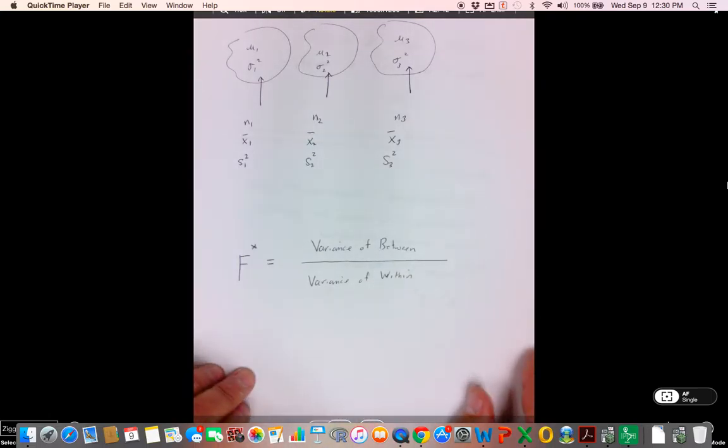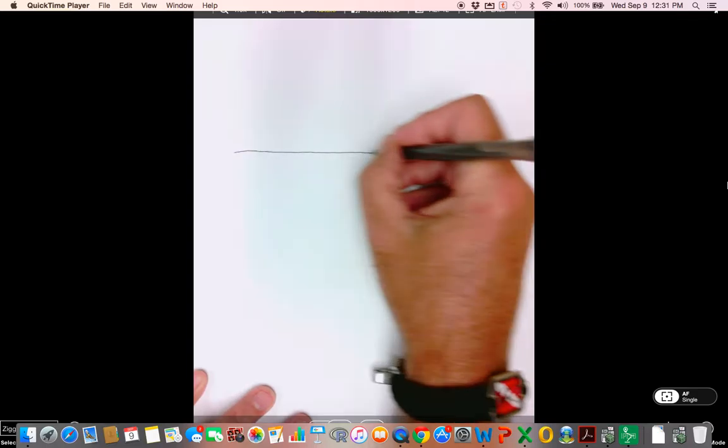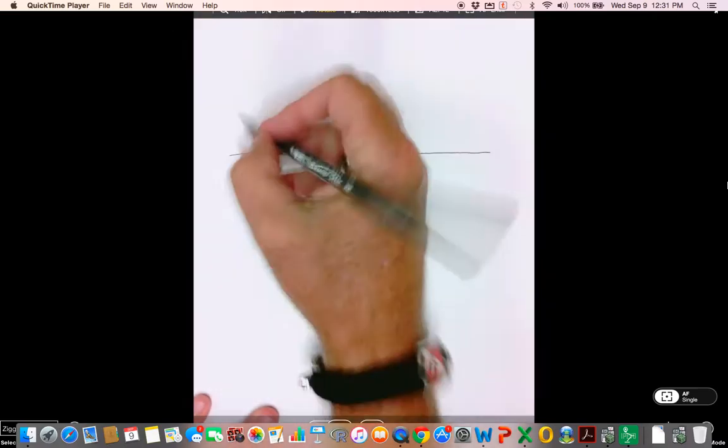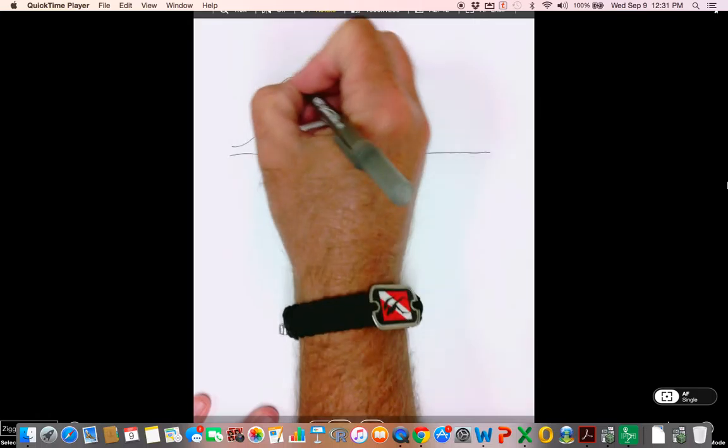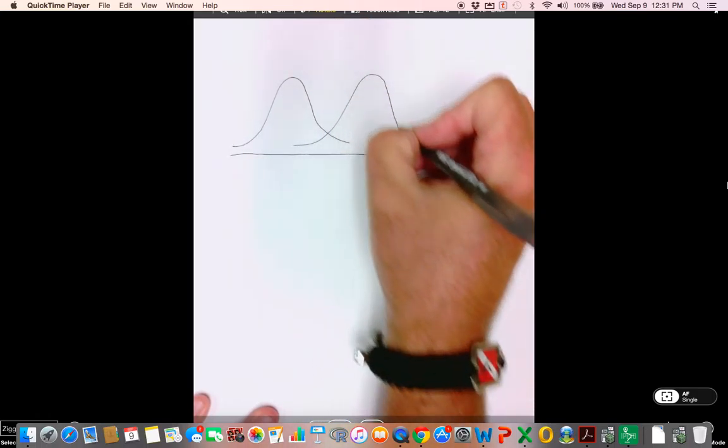All right? Now, what's this tell us? Well, first and foremost, based on our assumptions, we know that we have samples that are not related. We have independence. The second thing we know is that these populations that we're drawing from are normally distributed.